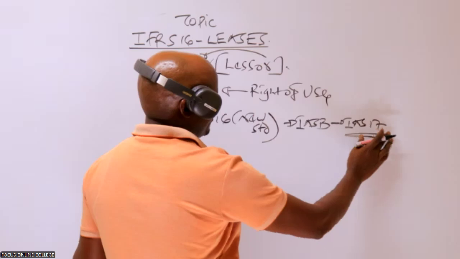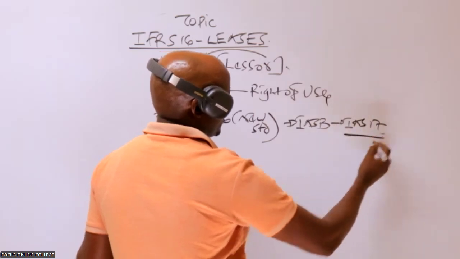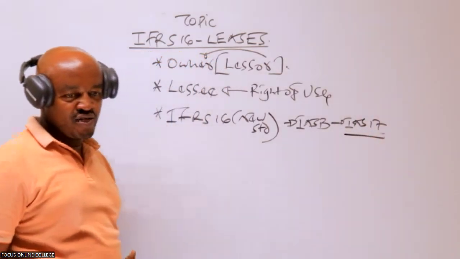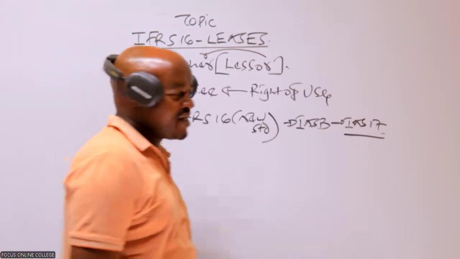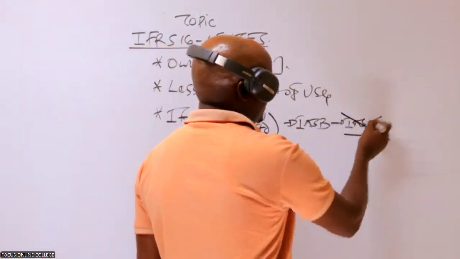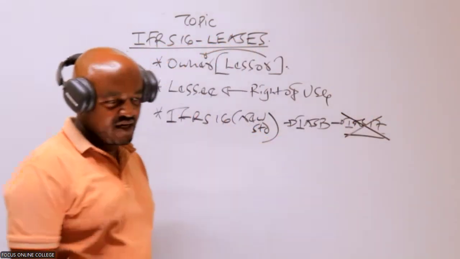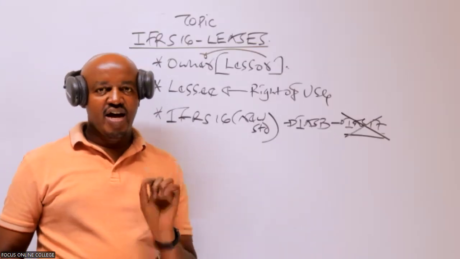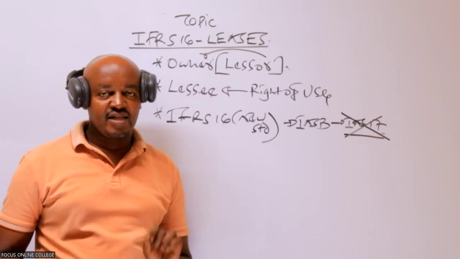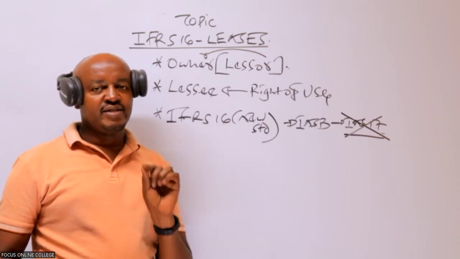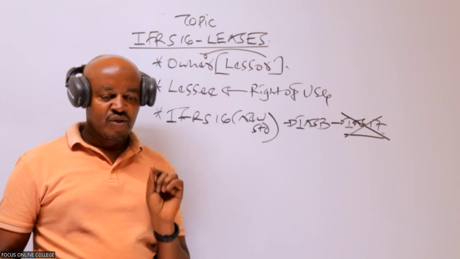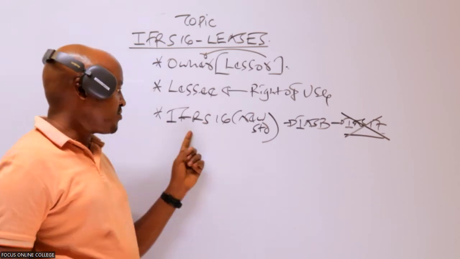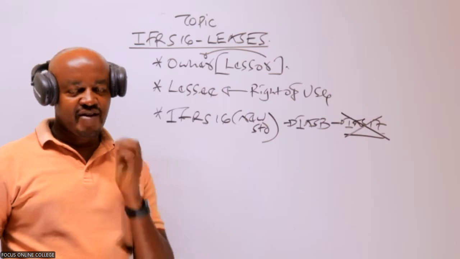Previously, leases were accounted for in accordance with International Accounting Standard number 17, but this standard has been scrapped. It has been done away with and replaced by a new standard, which is IFRS 16. Currently, these two parties, the owner of the asset and the lessee, should account for leases in accordance with IFRS 16.